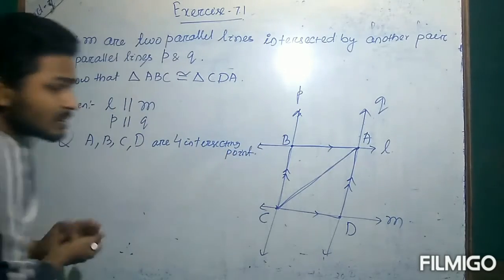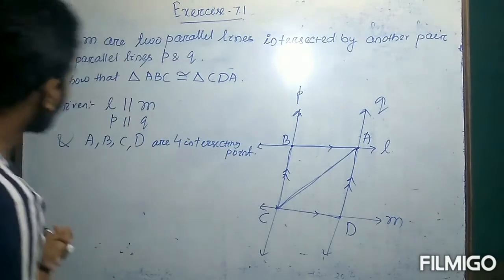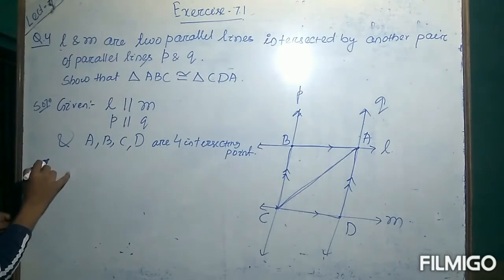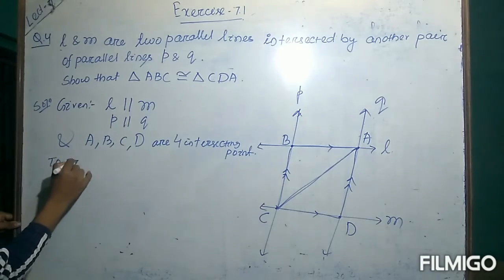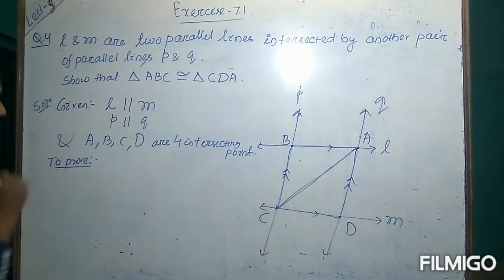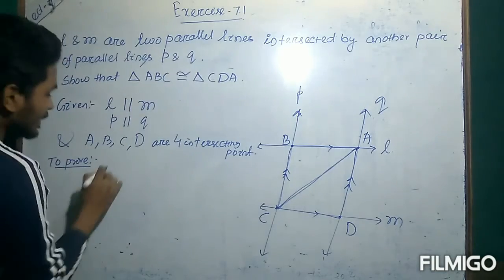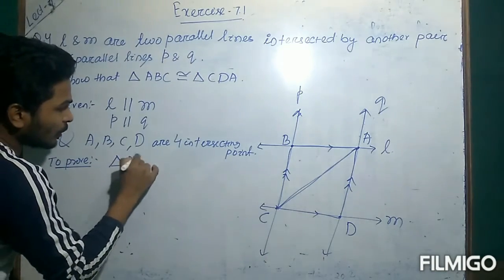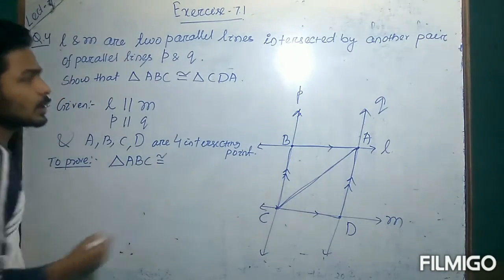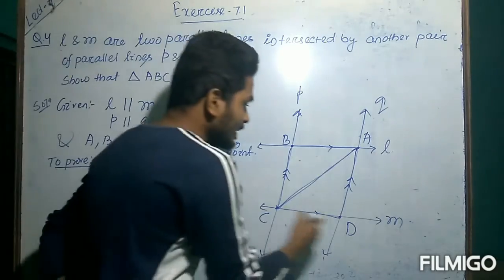Understood? Okay, so now we'll prove it. We have to prove that triangle ABC is congruent to triangle CDA.